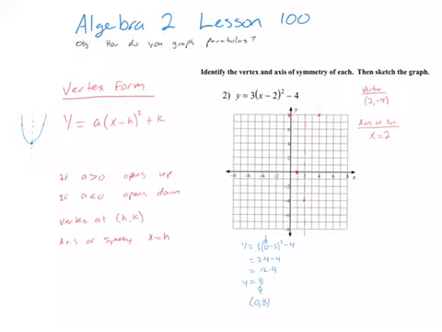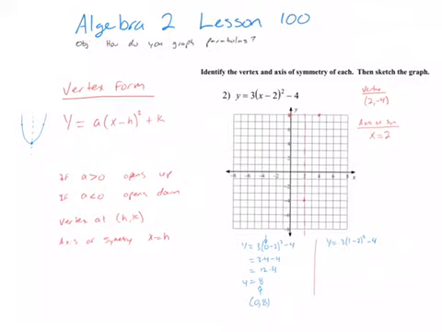Now if we wanted to plug in 1 into that, that might be another decent point that we can just kind of see how the shape of this is going. So let's say y is equal to 3 times 1 minus 2 squared minus 4. 1 minus 2 is negative 1.